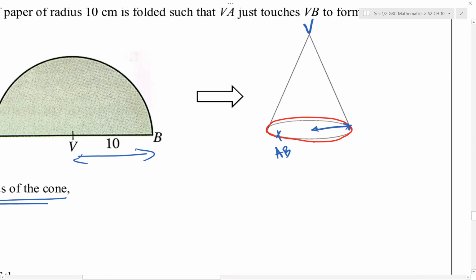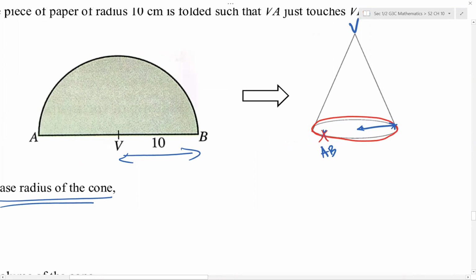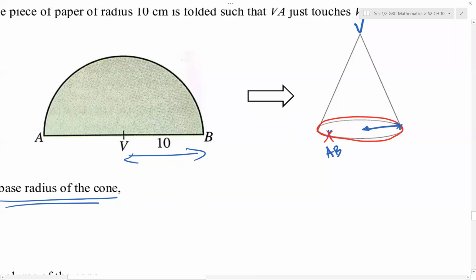This red line. It was formed by joining points A and B together. Let's go back to our semicircle, A and B. If you were to join points A and B together, you will end up with this red line as our base of the cone.